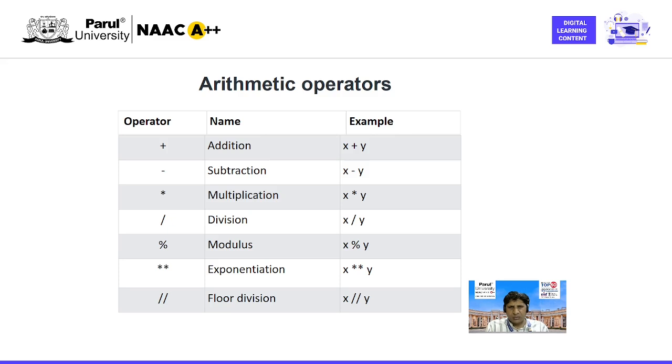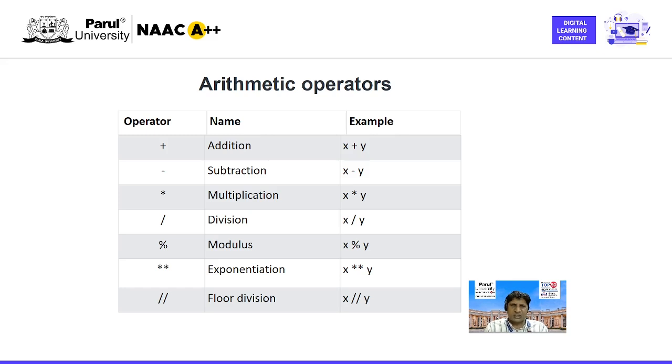So the modulus operator always provides the remainder part of the result whenever we divide a number by another number, and the quotient part of the result is given by the floor division.